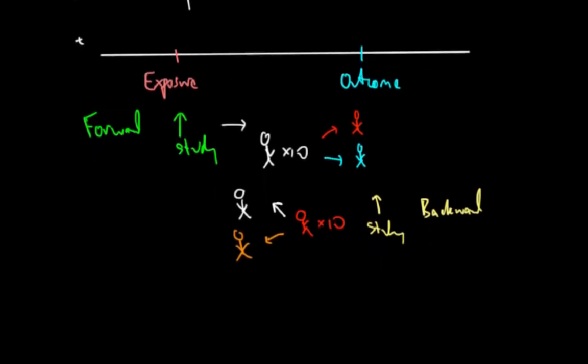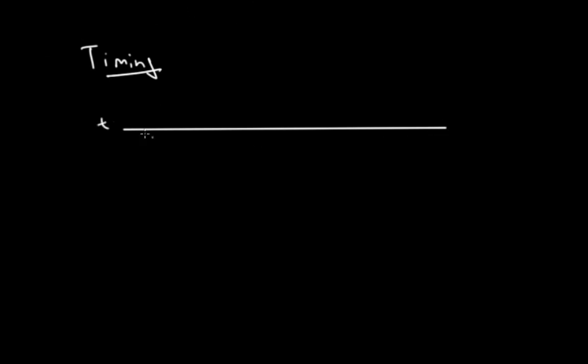Now the third and final way that we can break down these different types of epidemiologic studies is by timing. So we'll describe timing in this block right here. And again, we have to do with a timeline. So we'll go ahead and draw our timeline, and we'll label it T. But this time we have to do with whether or not the study starts prior or after the health outcome occurs.